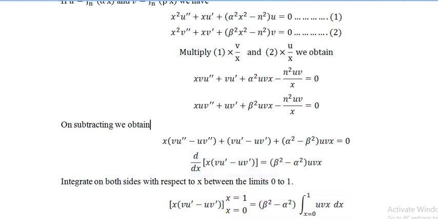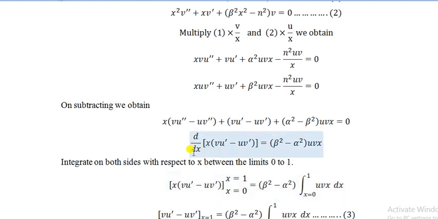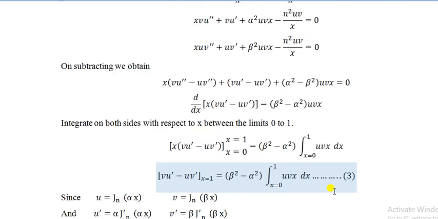Now we integrate this equation with respect to x, taking the limits as 0 to 1. After integrating, d by dx cancels out, so the only term is x (v u' minus u v') from limit 0 to 1, which is equal to (beta squared minus alpha squared) times the integral of u v x dx.